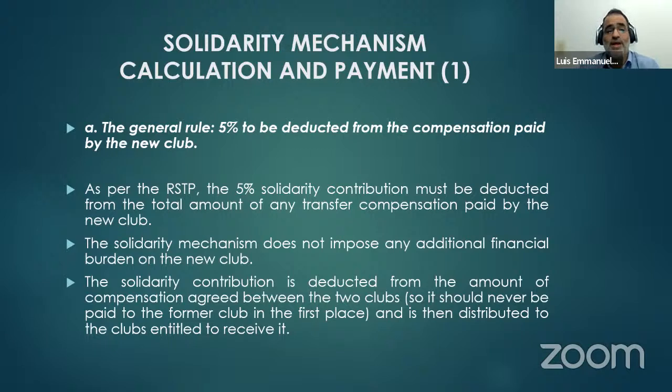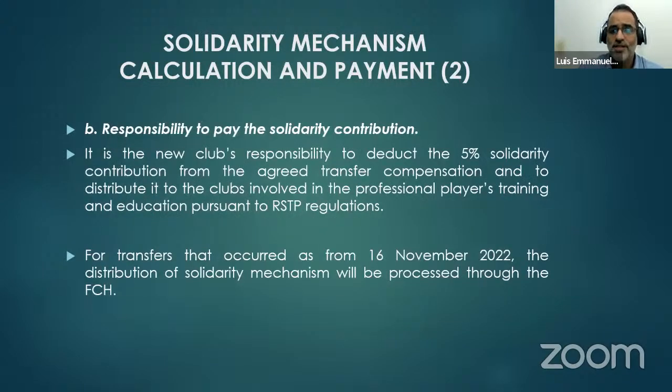So in principle, the former club should never receive 100% of the transfer fee, unless it's the buyout clause, of course, because the engaging club, the new club, has to deduct the 5% and distribute it to the training clubs. Of course, this can happen. Sometimes it happens, and there's a way to deal with it, but it's on a case-by-case basis.